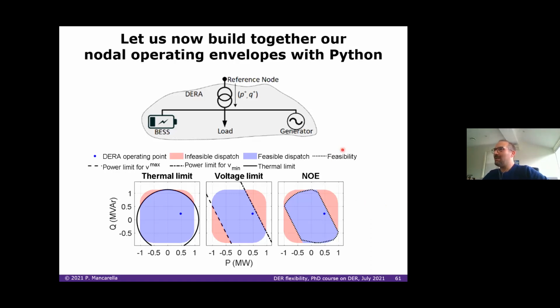And then I will pass the ball to Carmen, who in the next 10 minutes or so will show you a simple Python tool to build this kind of operating envelopes and understand all the detail of flexibility from DR with network constraints. So Arthur, I think we can stop the recording now, break for 5 minutes, and in the meantime you can set up your notebook, and then we start again in about 5 minutes.